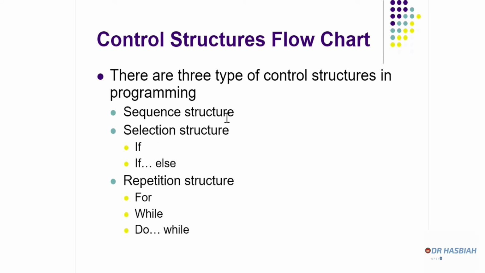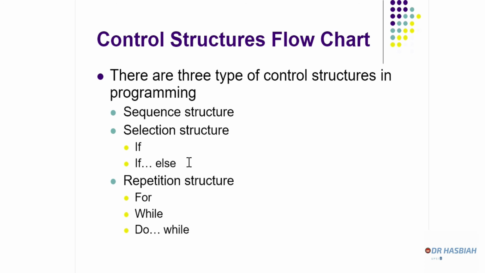What is the meaning of sequence structure? Sequence structure means you write the instructions line by line, and you have to follow line by line. The selection structure is where you have to choose either yes or no. Normally in C++ programming, we use if or if else.